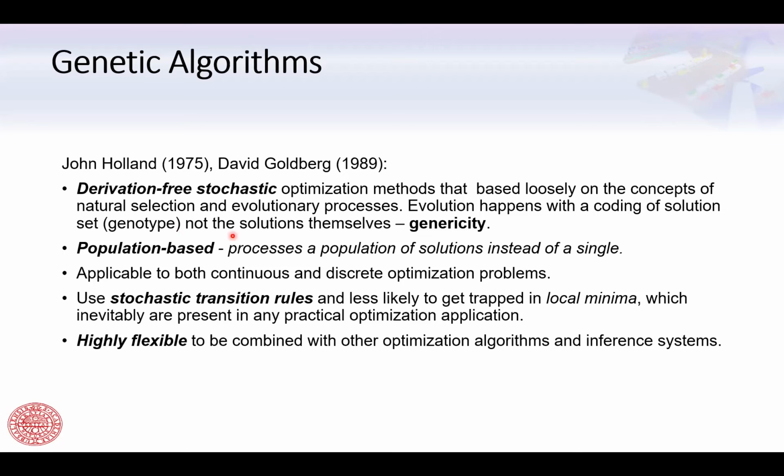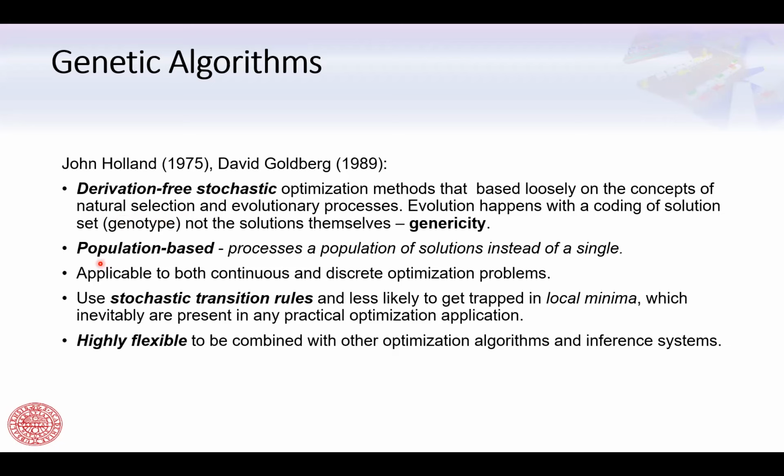But when you convert this variable into the genotype for optimization, you process the genotype much like DNA. So we borrow the concept from the evolution process, and we will come back to talk about exactly what role natural selection plays in the algorithm.